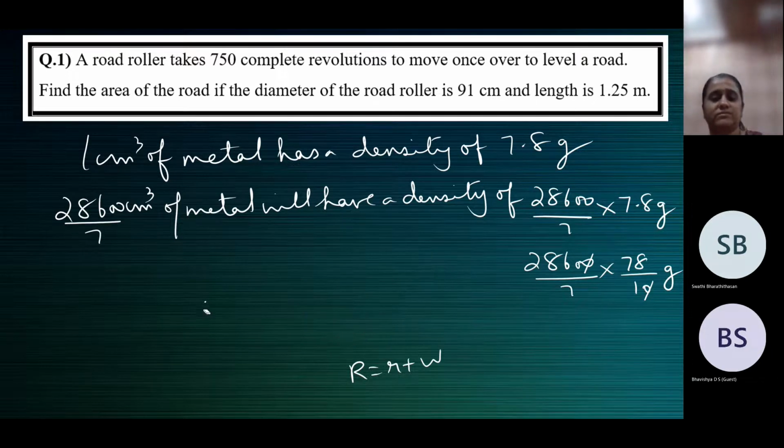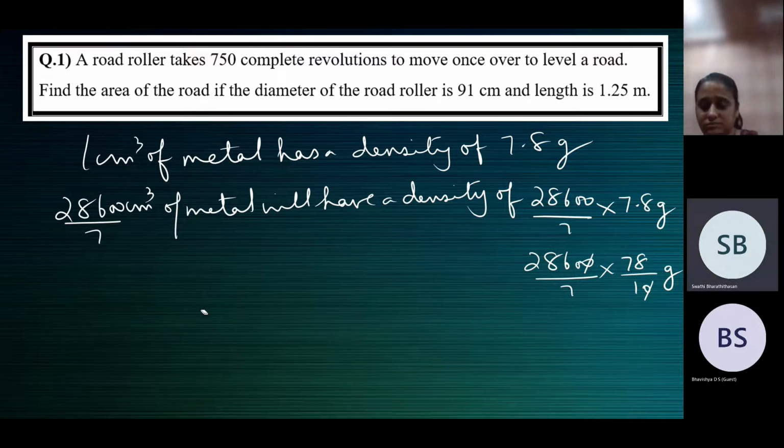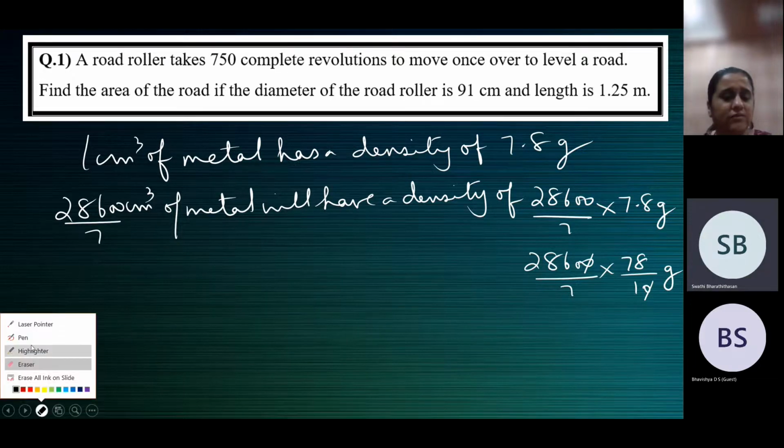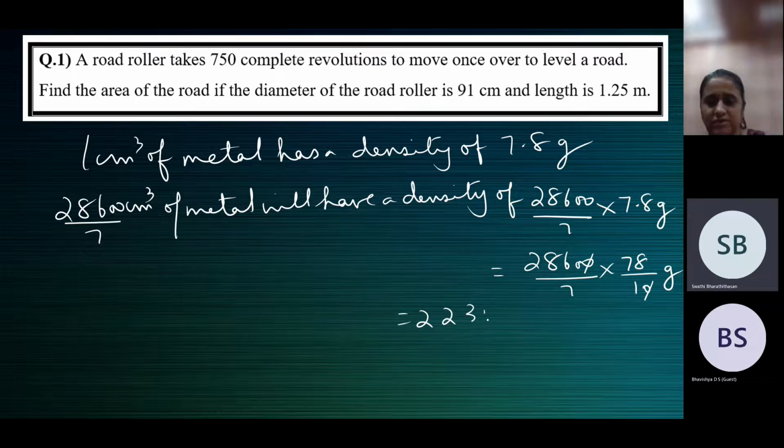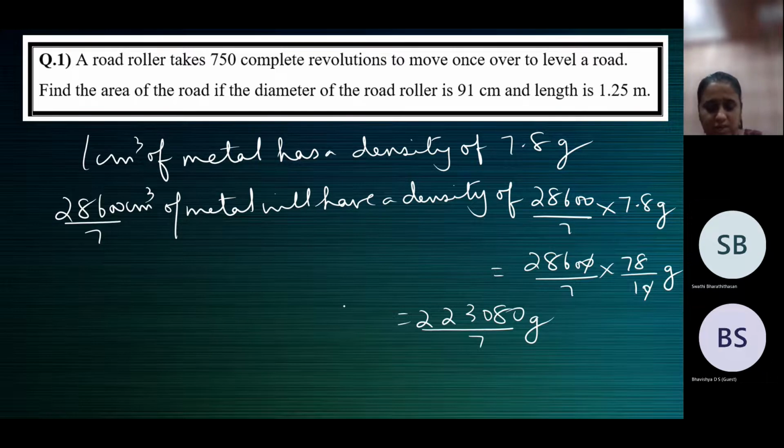Tell me this answer. Ma'am, in kilograms, I'm getting 5,577 by 175 kilograms. What is the product of the numerators? Is it 223,080 by 7? Yes, ma'am. So when you divide by 7, what do you get?